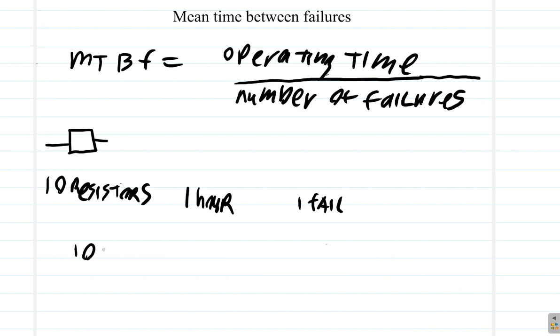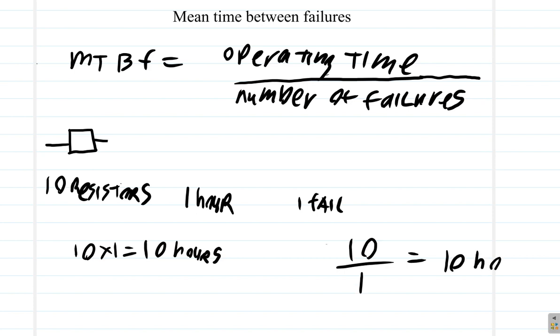It's 10 resistors times 1 hour, which is 10 hours, over 1 failure. So 10 hours over 1 failure is 10 hours between failure. That means you expect each resistor to last for 10 hours. Because you had 10 resistors, you tested them for 1 hour, only 1 failed. Right? That's the mean time between failure.